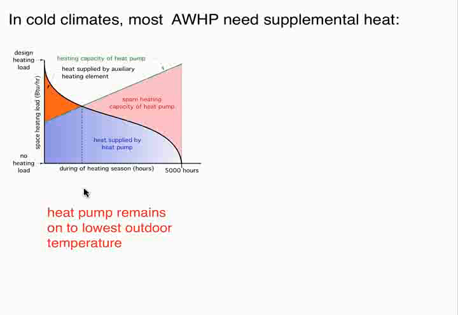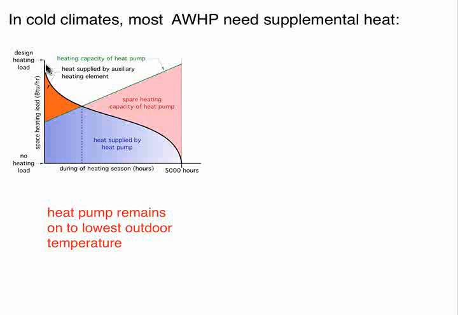Now, when we look at an air-to-water heat pump, in terms of sizing, typically most air-to-water heat pumps are not designed to handle the design heating load of the building. Some of them do have supplemental heat strips built into them, maybe a 6 kW electric heater. And what this graph is showing here, I call this a heating duration curve.